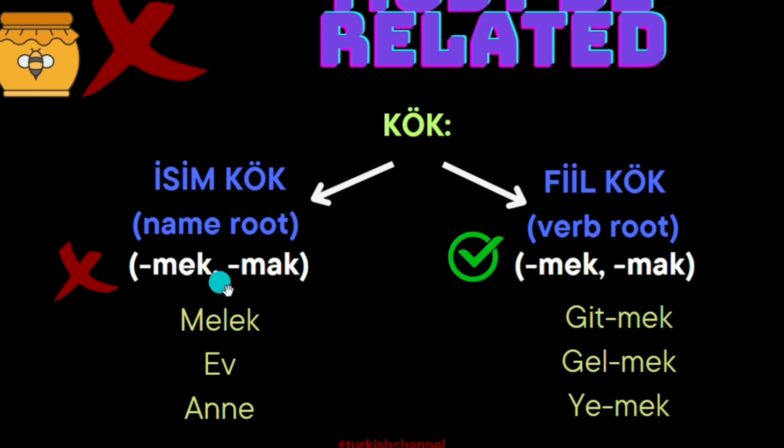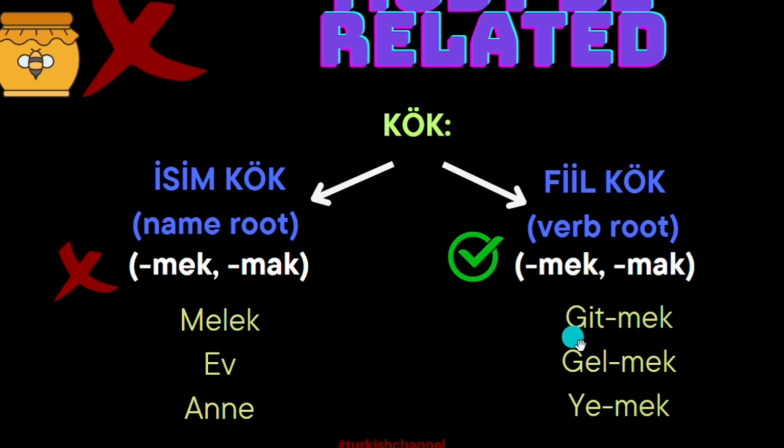For example, my name is Melek and Melek mek, Melek mak, no, it doesn't make sense. Ev, which means home, evmak, evmek, no. Anne means mother, annemek, annemak, no. But if you add these suffixes into the verbs like git, it means go, gel, it means come, ye, it means eat, then everything is gonna be alright.